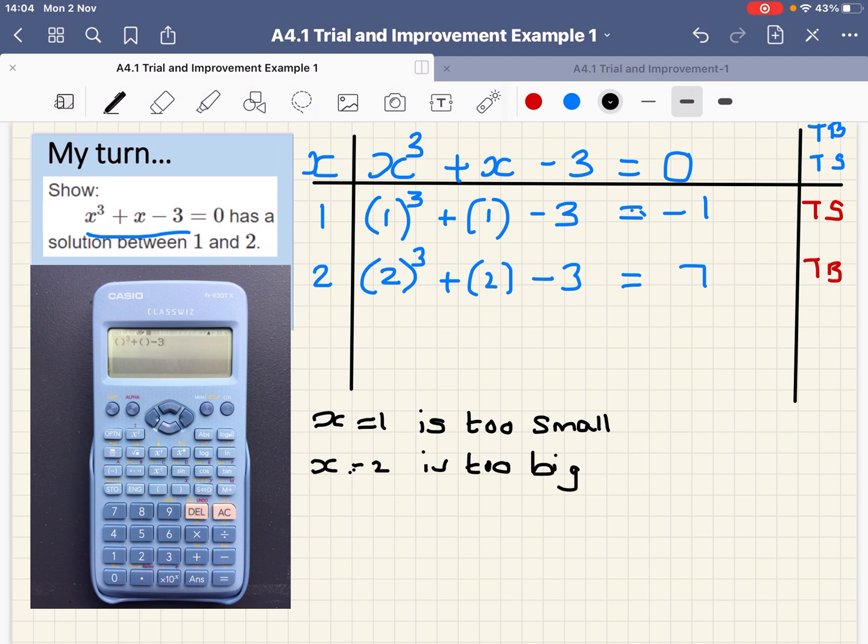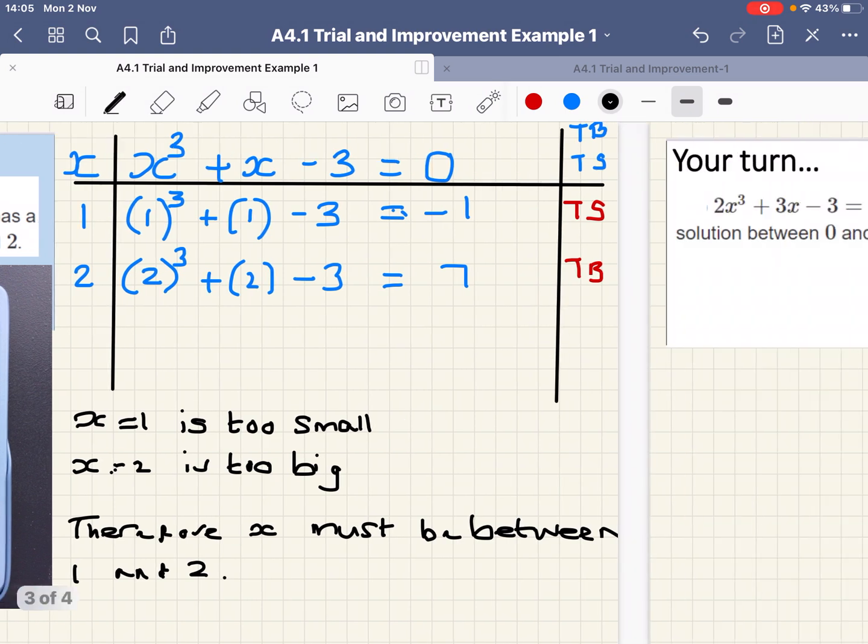Okay, and that means therefore x must be between 1 and 2. Okay, if you have a go at the next example, press pause and then you can check to see how you did.